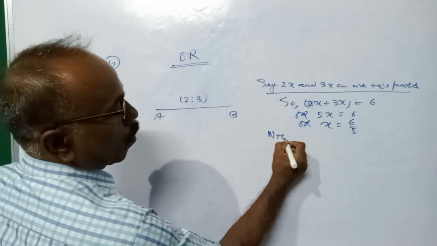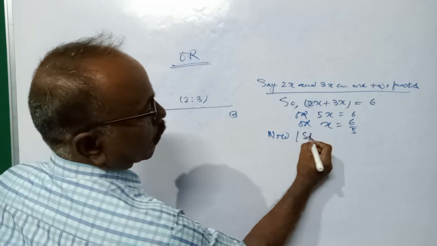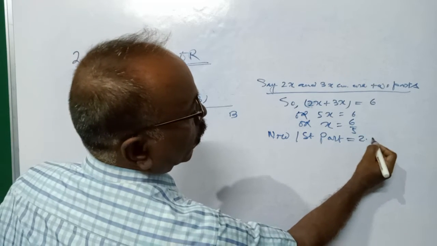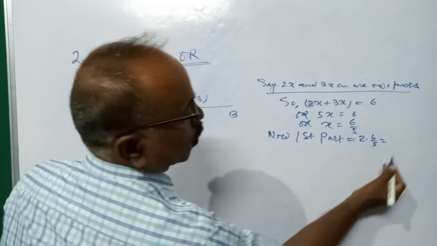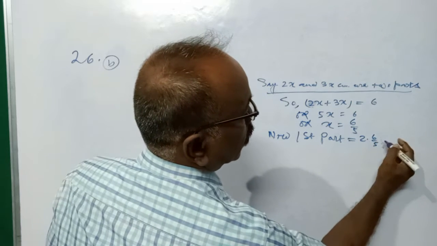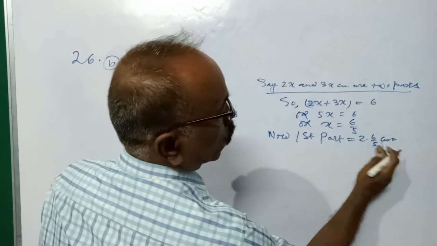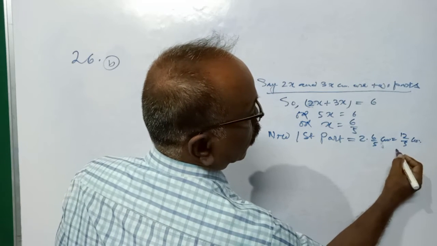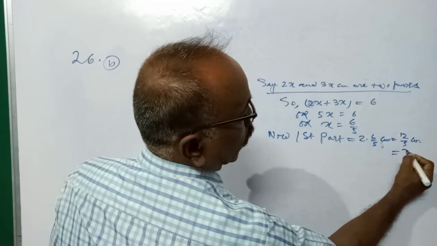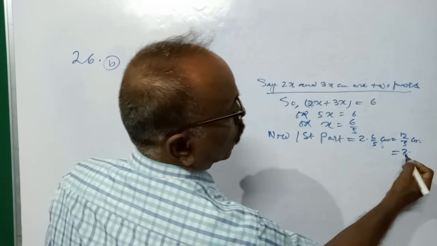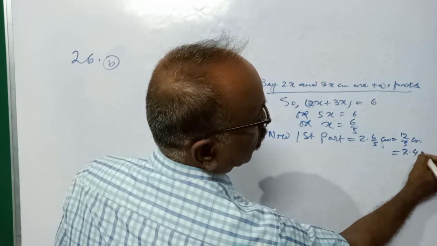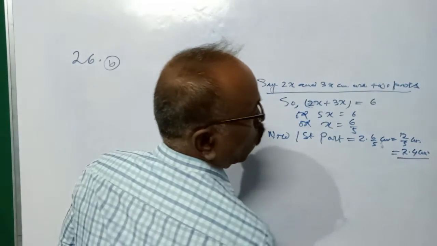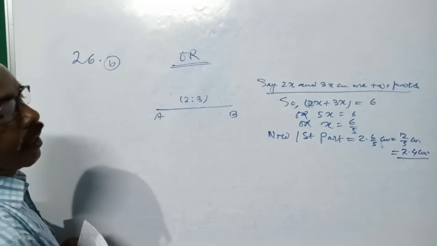Now, the first part is equal to 2 into 6 by 5, which is 12 by 5 cm. 5 twos are 10, 5 fours are 20. So this is 2.4 cm, the first part.